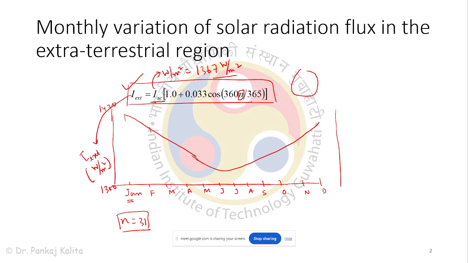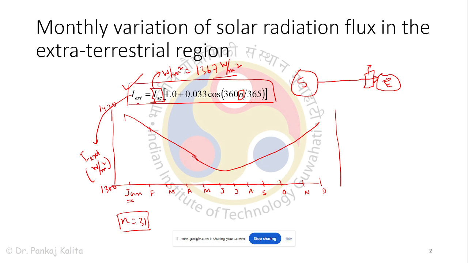So if this is the Sun and this is your Earth, as solar radiation propagates from Sun to Earth, at the average mean distance, outside the Earth's atmosphere, in the extraterrestrial region, if we want to calculate how much solar radiation is received per unit time on a plane perpendicular to this incoming solar flux, then that value is this ISC, the solar constant. This is a constant value, and it varies.